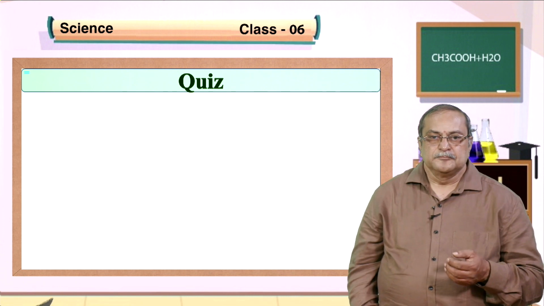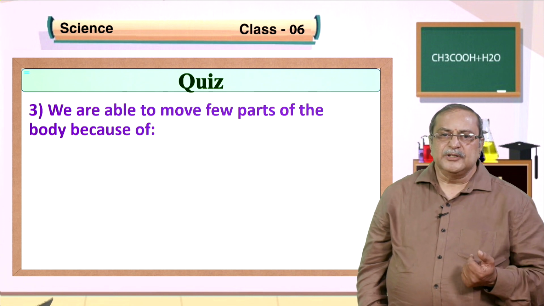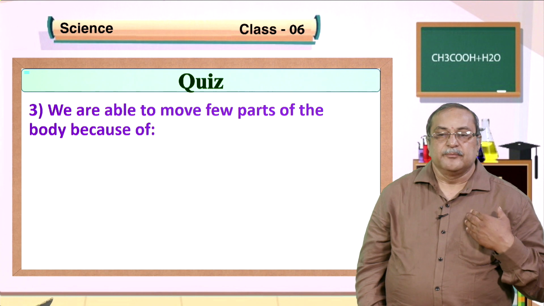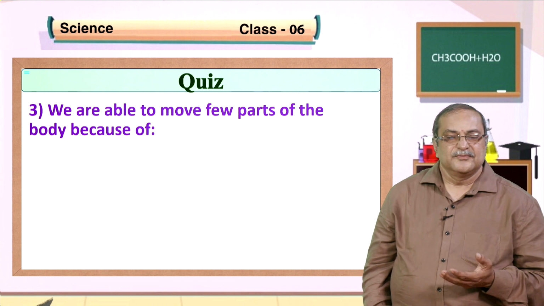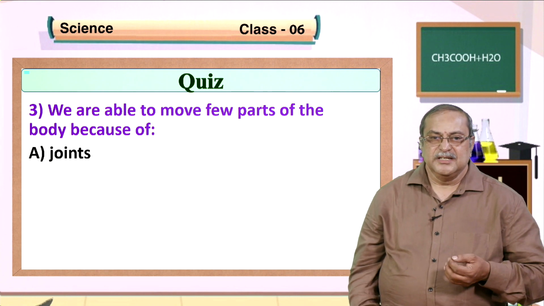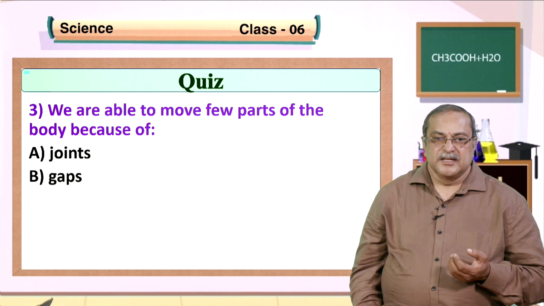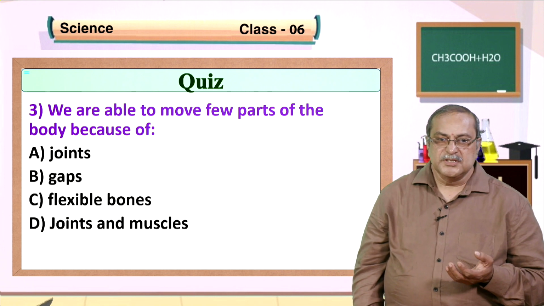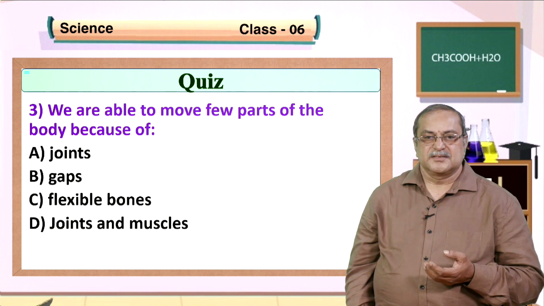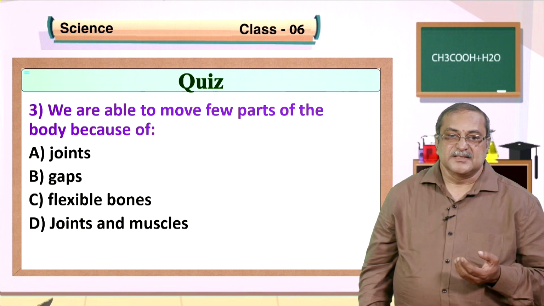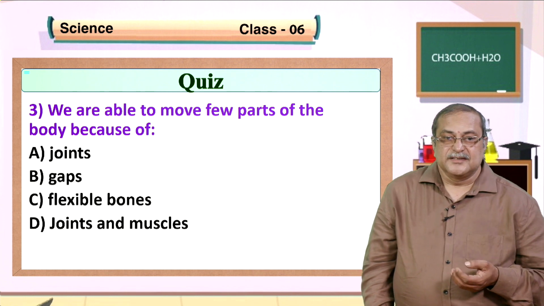Okay, next question. We are able to move a few parts of our body because of what? Let us see: joints, gaps, flexible bones, joints and muscles. Which is the correct answer?